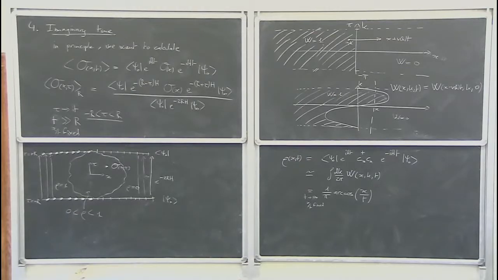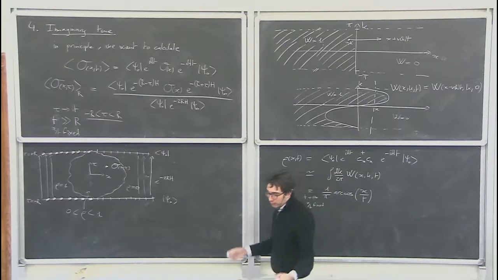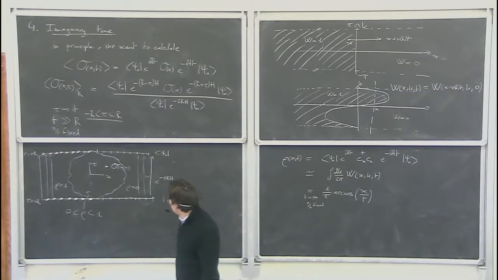What happens is that the density has to be 1 on the left, 0 on the right, and in a certain region in the middle, which happens to be just a disk, the density is neither 0 nor 1. This is the region where I can have interesting fluctuations described by conformal field theory and so on. And this is what I'm going to use.